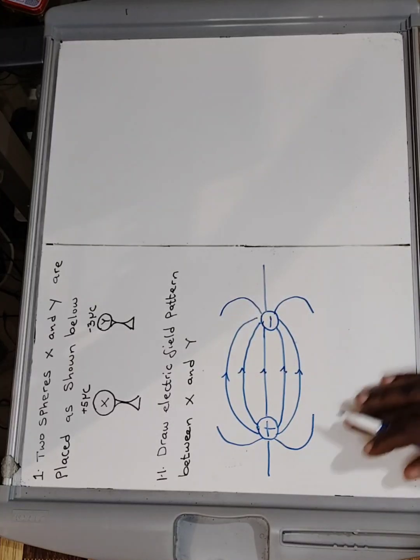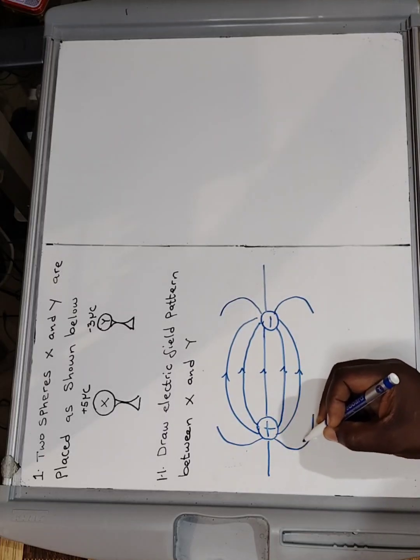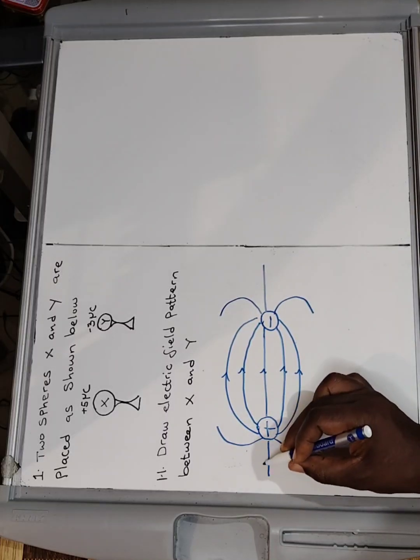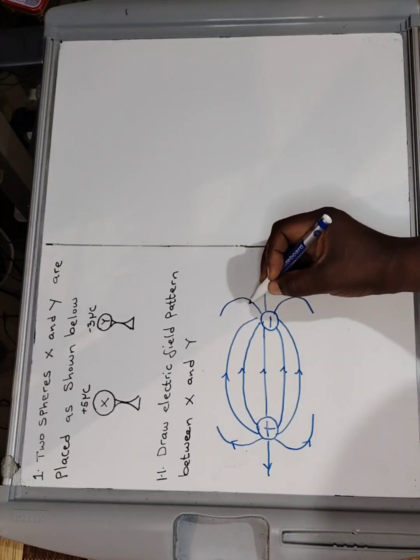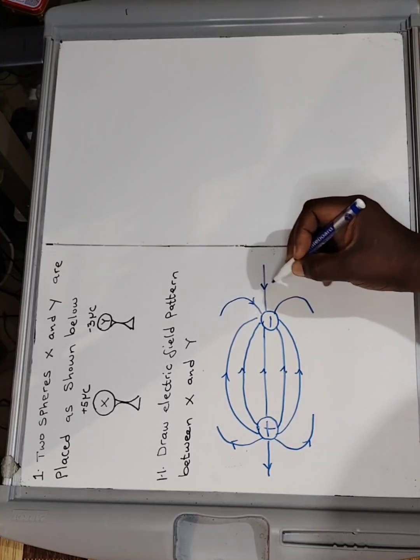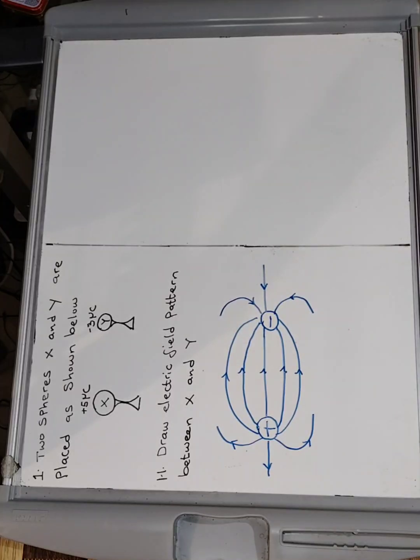How about these ones? When you put a positive charge, they'll be moving out. And here, they'll be moving in. And this is the pattern. Thank you. So we go to the next question.